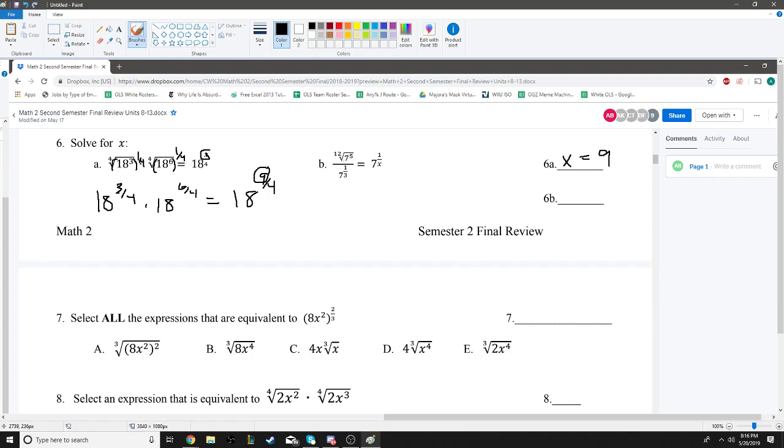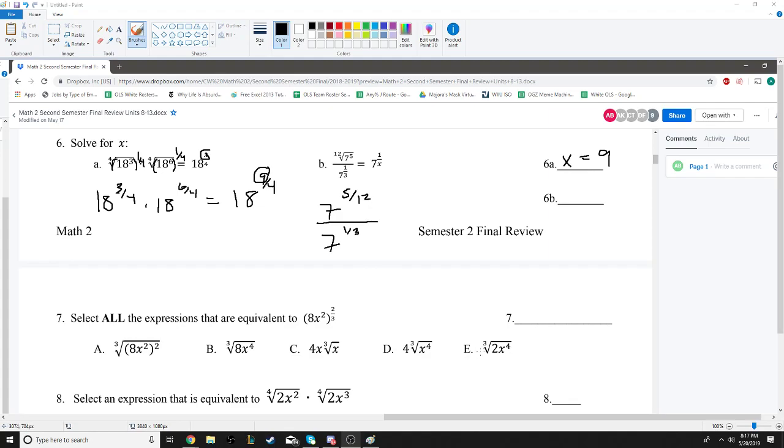So for this one, again, we have to change the top part. So this is going to be 7 to the 5/12 power divided by 7 to the 1/3. Now, earlier in the video, I said you have to subtract them. However, there's a problem when it comes to subtracting them. You need common denominators.